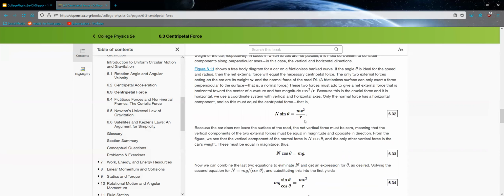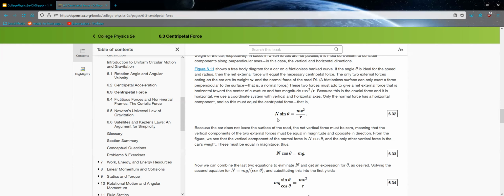And the sine here is the centripetal force, which is related to our velocity squared over r. We're going to throw mass in there as well because we're dealing with an acceleration, right? F equals ma. The acceleration is our velocity squared over r, and our mass is m.